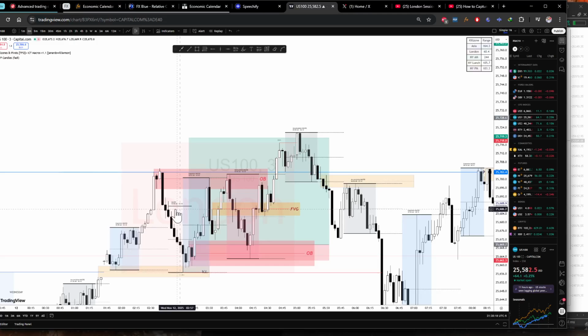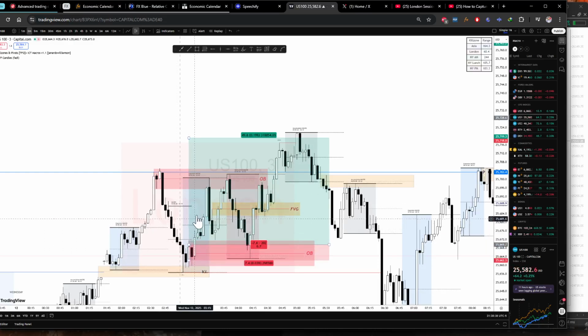So the 250 to 310 macro came down, and then also this 303 to 333 macro gave us this buy opportunity right at the London Silver Bullet.